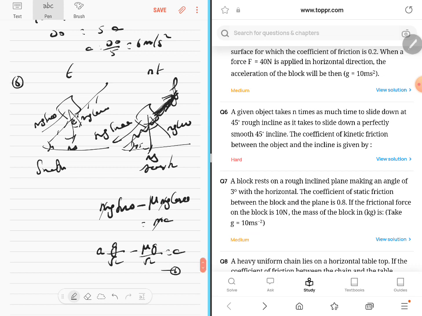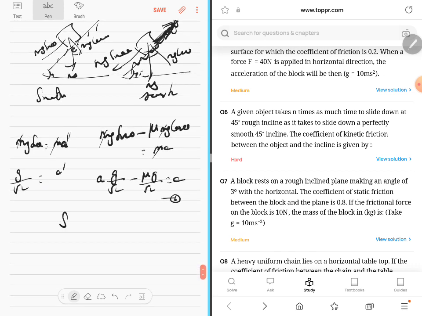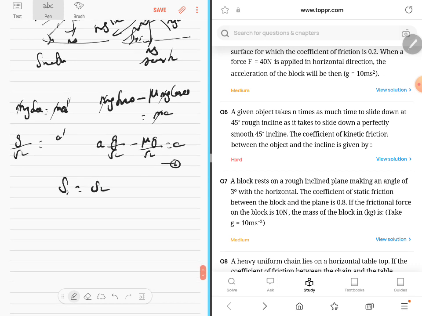The second equation, for the smooth surface: mg sin theta will be equal to m into a dash, the acceleration in this. Sin theta is sin 45, so m can be cancelled, and then a dash itself is g by root 2. So you already know this is a dash and that is a, but both of them are going to slide through the same distance on the inclined plane. S1 is equal to S2, and u is always 0 irrespective.